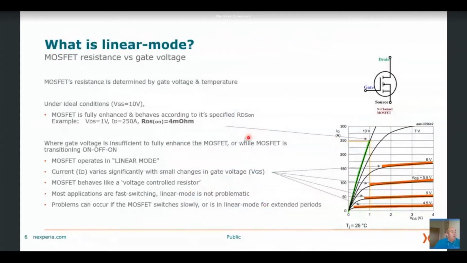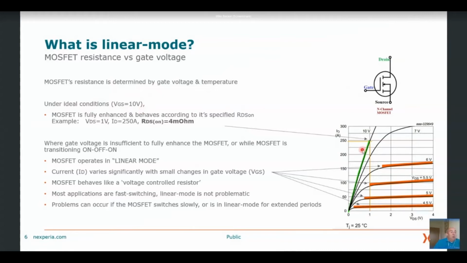So if we talk about what is linear mode, a MOSFET's resistance is determined primarily by the gate voltage and by temperature. The gate is the pin that you drive to turn the MOSFET on and off. Under ideal conditions, in a lot of applications, a MOSFET will be driven at 10 volts on the gate.